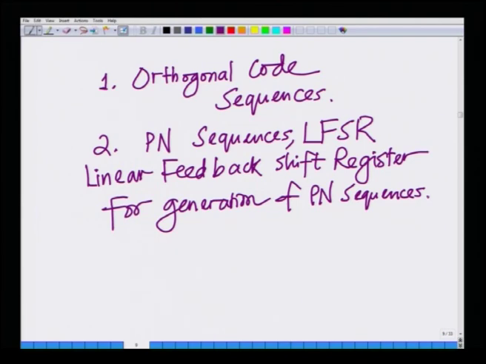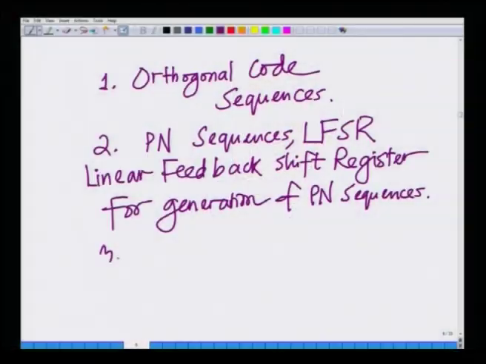We have seen the linear feedback shift register operation for generation of the PN sequences. Then we had seen the correlation properties of PN sequences.